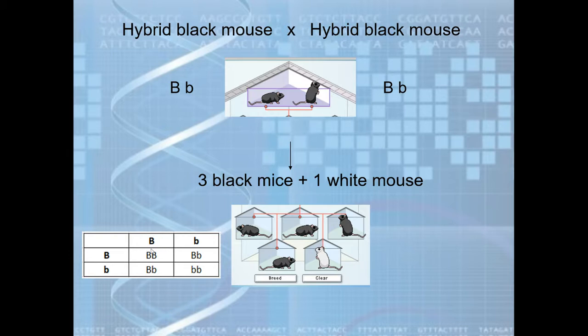So if you will use a Punnett square, uppercase, lowercase, uppercase, lowercase, you will see here three out of four will probably turn out black, and then there's a 25% chance of getting a white mouse here. So one out of four will be white. Chances are, it's 75% black and then 25% white.